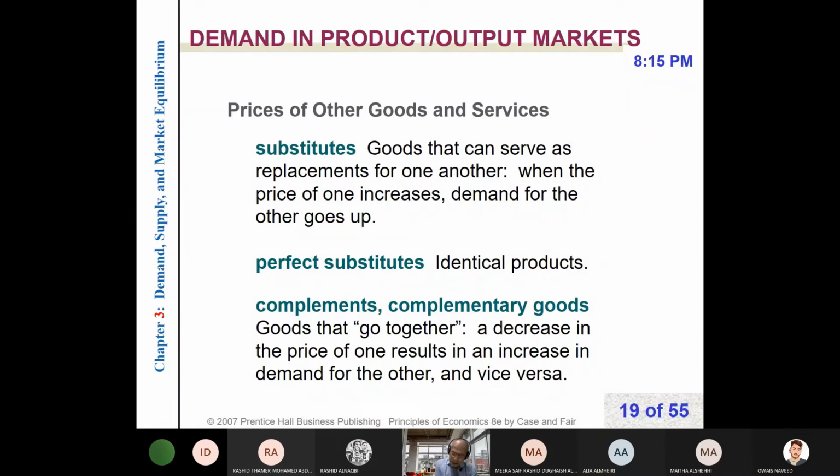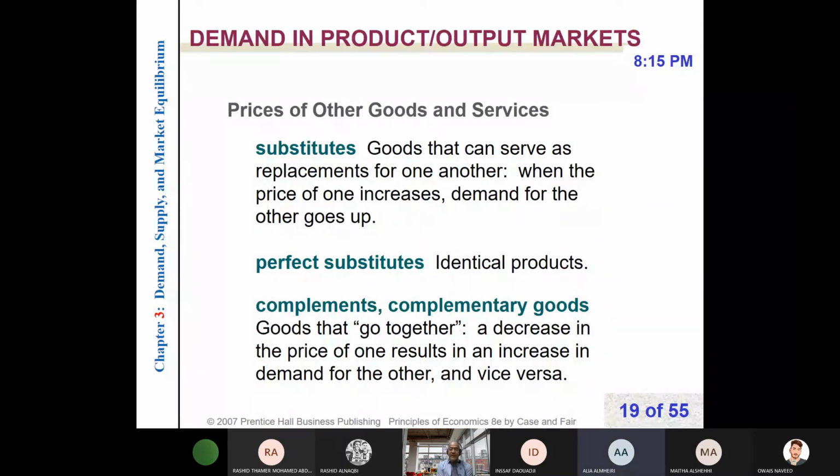Let's talk about complements with Alia. Complements: goods that go together, a decrease in the price of one results in an increase in demand for the other and vice versa.